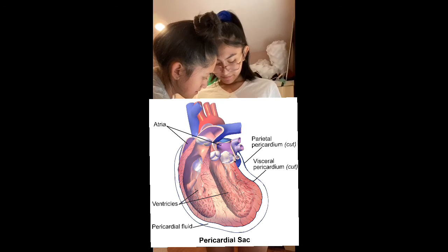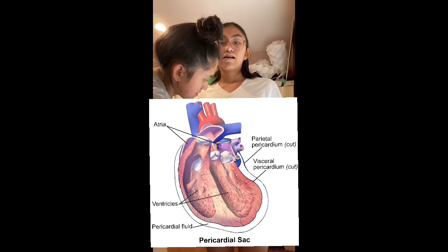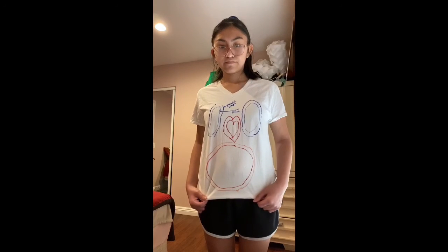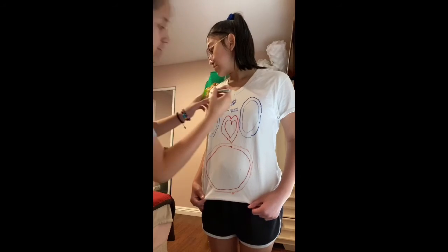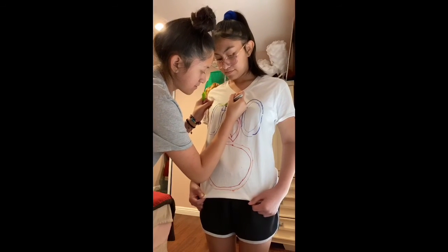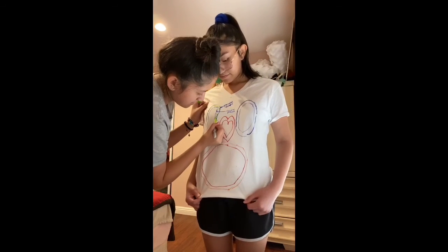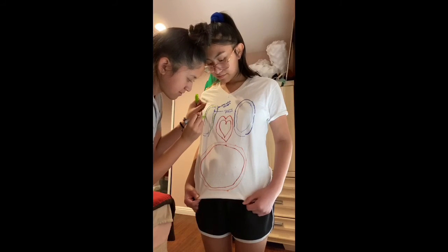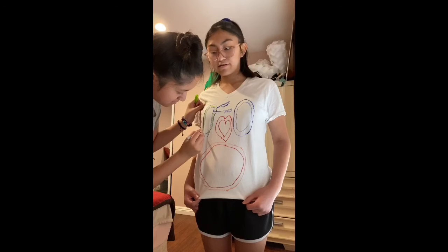And the visceral pericardium is the inner layer of the serous pericardium. It is in contact with the heart and the roots of the vessels of the heart. In between the parietal and the visceral pericardium is the pericardial fluid. Pretty much all together, that completes the pericardial cavity, which is the cavity around the heart created by the pericardial sac.